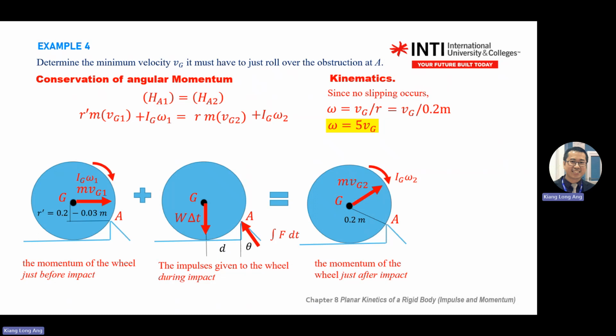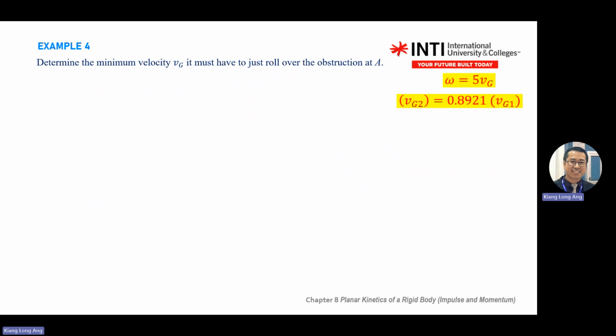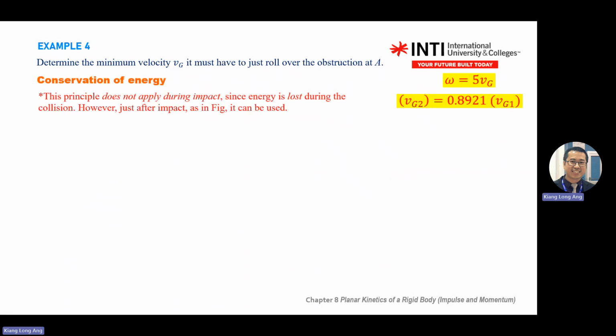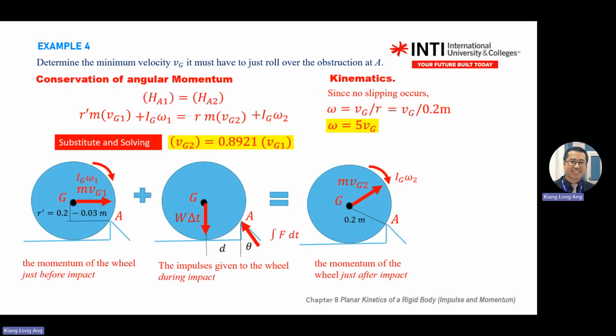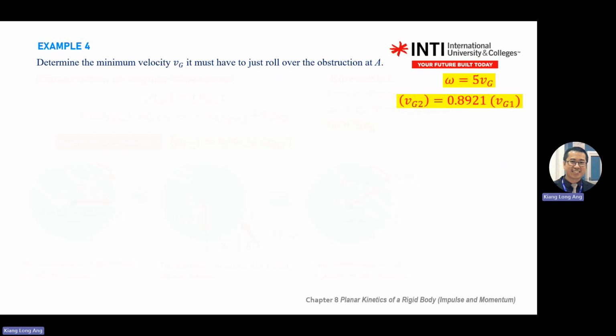This is a mathematical solution. It has nothing to do with engineering dynamics. So you find your VG2 equal to VG1. Then after conservation of angular momentum, if you still cannot find the answer, look for an alternative equation, which is conservation of energy.